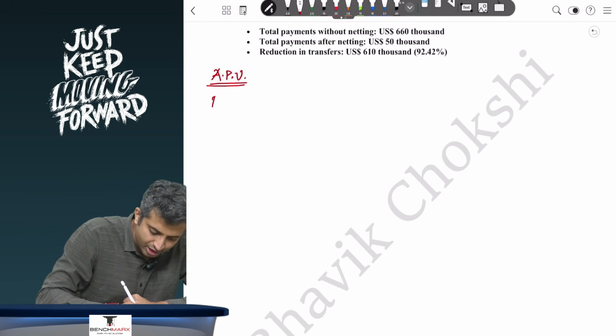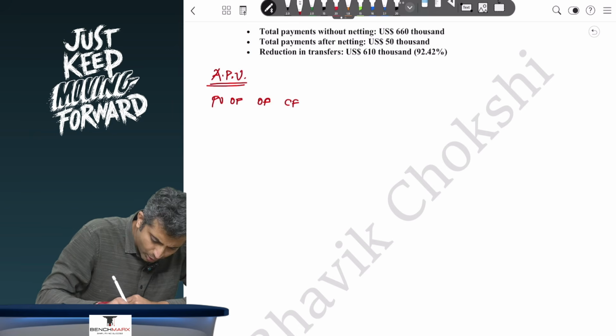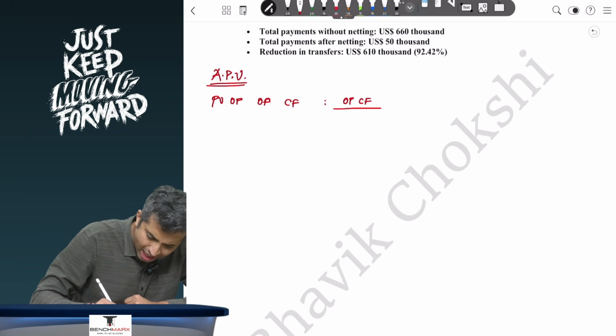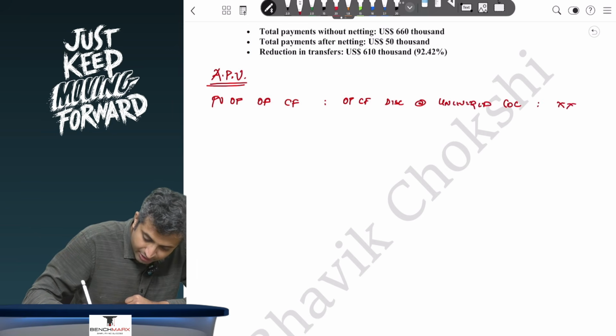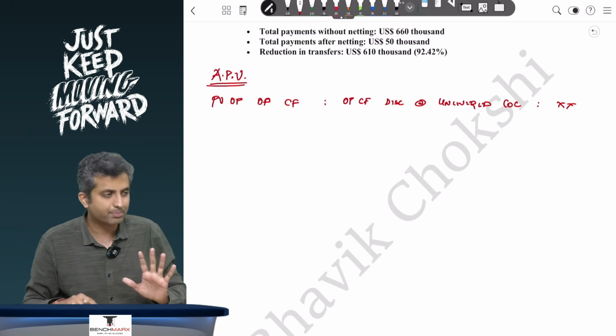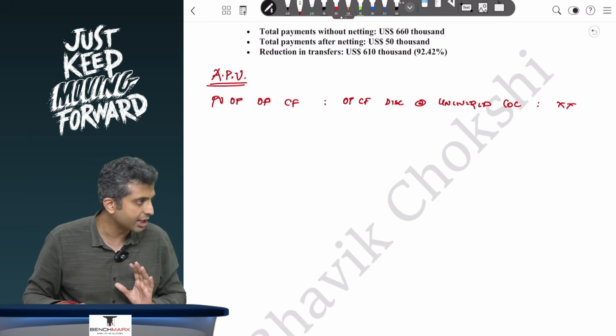You will try to find the present value of the operating cash flows, discounted at the unlevered cost of capital. This will give you the attractiveness of the project even if you don't take any debt.